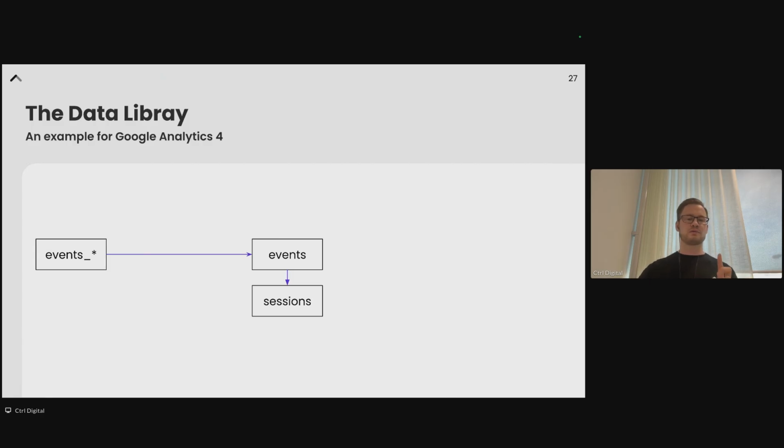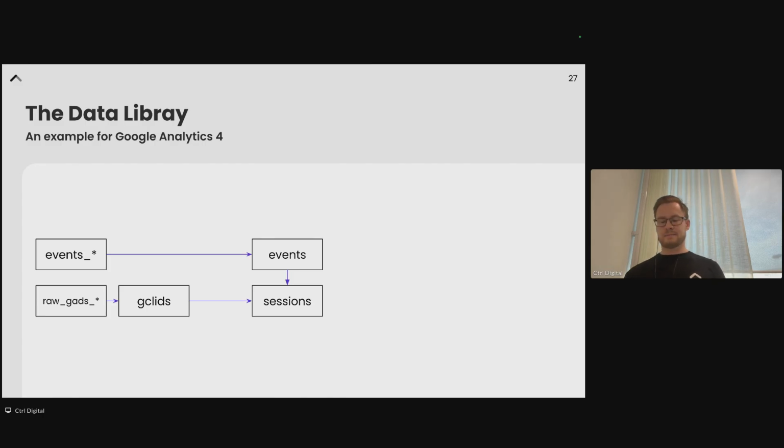And if we're working with Google Ads, I would suggest that we bring in the Google Ads transfer data as well and create a Google Click ID table where we have all the Google Click IDs and performance information tied to those. So we can join that into our sessions and say, okay, this session came from this Google Click, and that Google Click has this information tied to it.